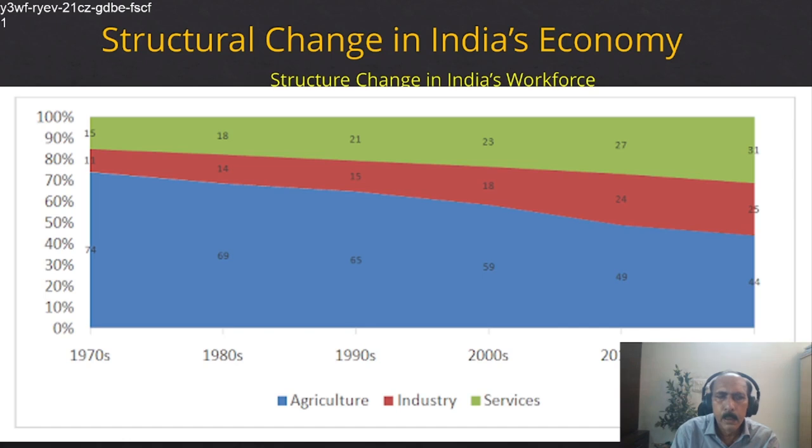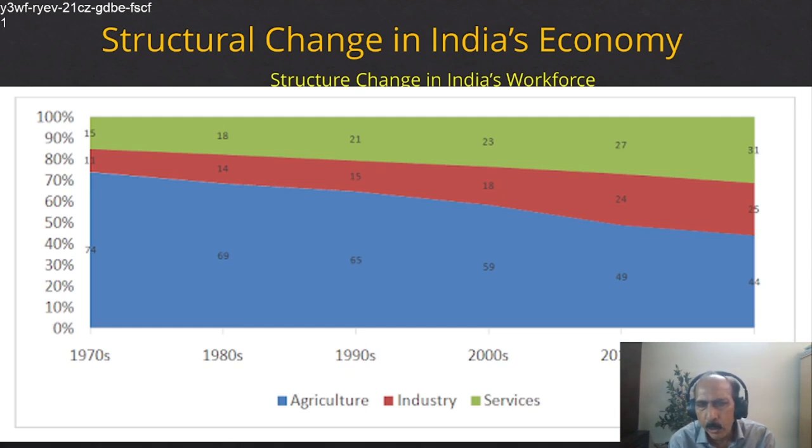This indicates that in the 1970s agriculture was employing around 74% of the workforce, while industry and manufacturing were employing only 11%, and services were employing 15%.